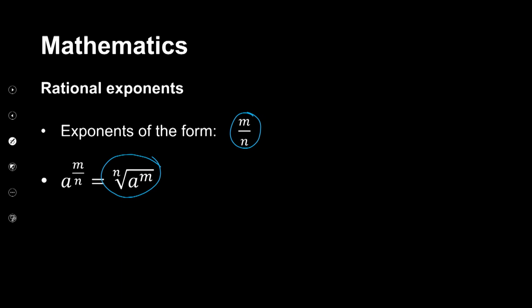Now, I've been making examples with this. Even with this one, if I have a to the exponent of, say, 2 over 3, this can be the same as a to the exponent of 2 inside the cube root, right? So that's what it really means whenever you are trying to solve this particular question.